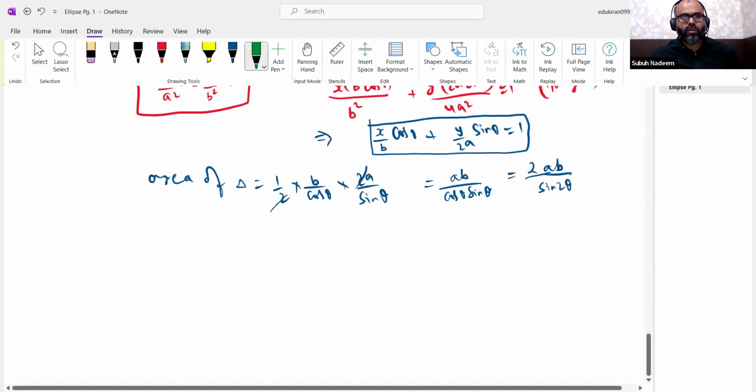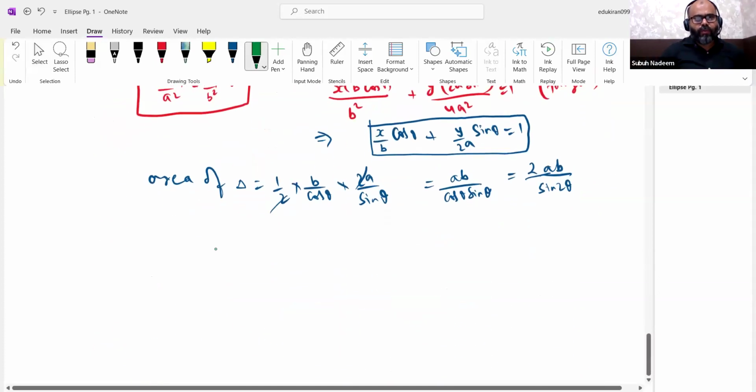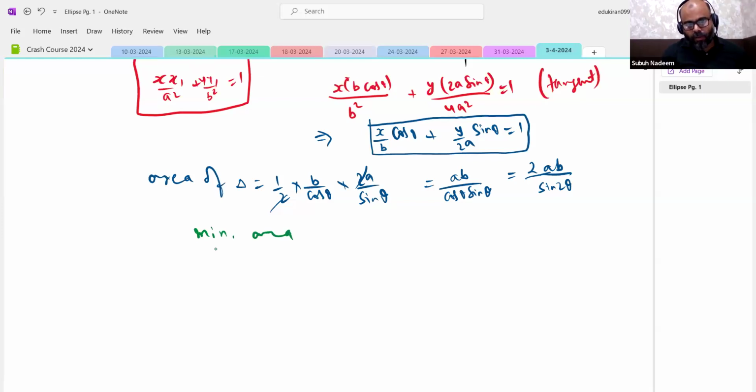So now the minimum area they are saying is KB, right? So what will be the minimum area of this triangle? Minimum area when this particular term is minimum. That means when the denominator is maximum, which is 2AB. And what can be the maximum value of sine 2 theta? That will be 1.